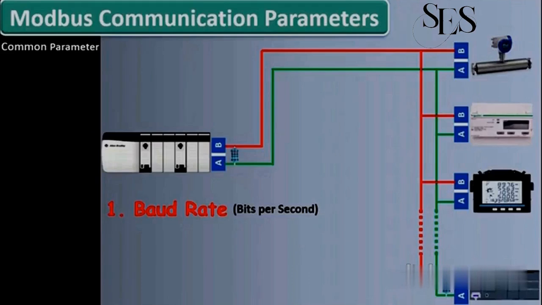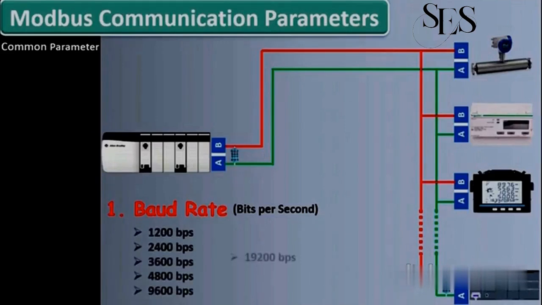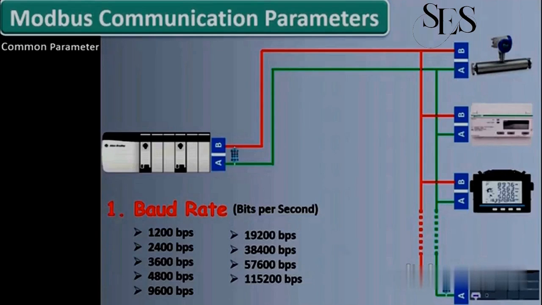There are different baud rates at which data can move. These range from 1200 bits per second to 115200 bits per second, including 2400, 3600, 4800, 9600, 19200, 38400 and 57600 bits per second.